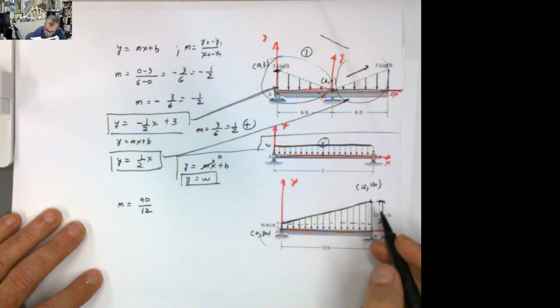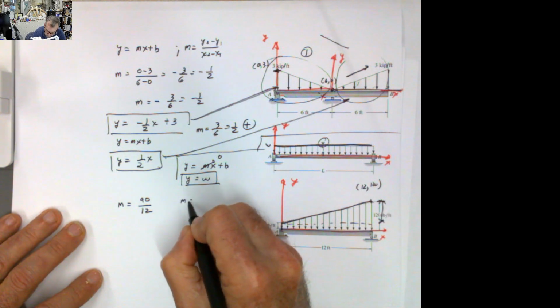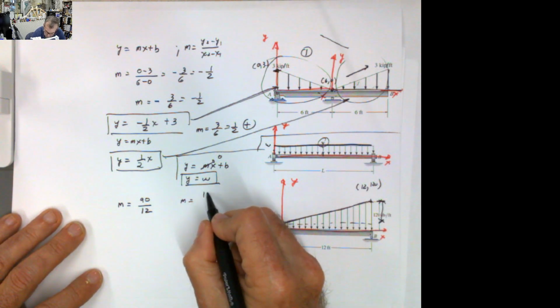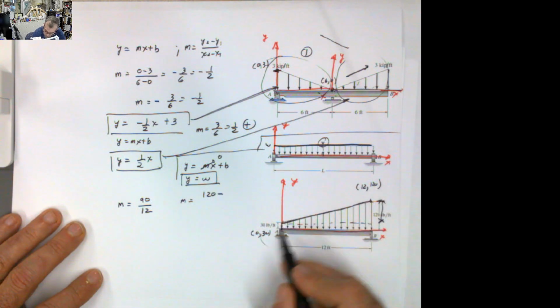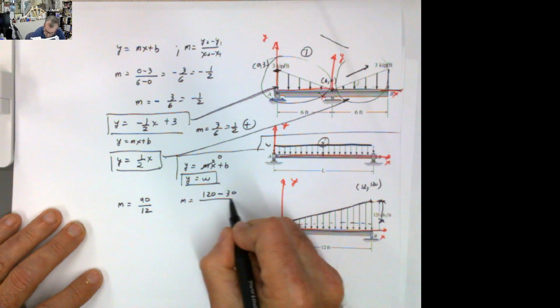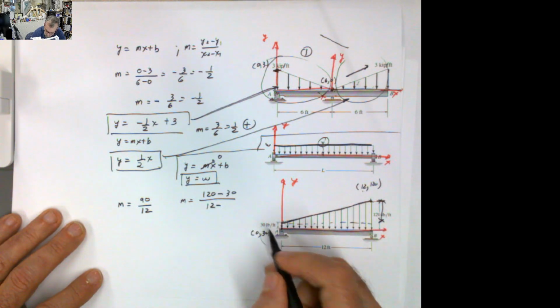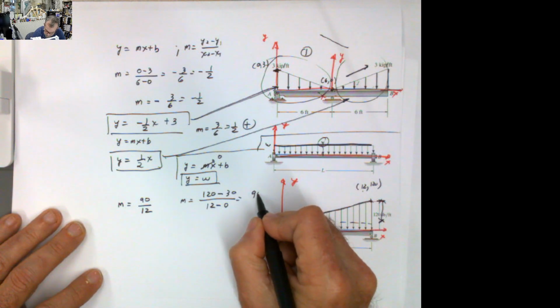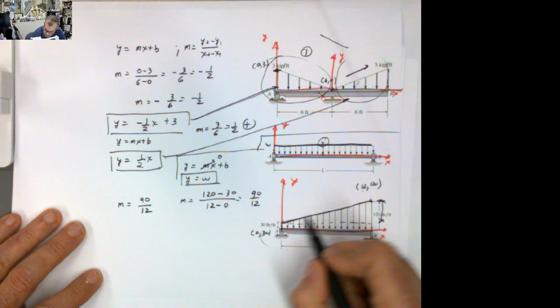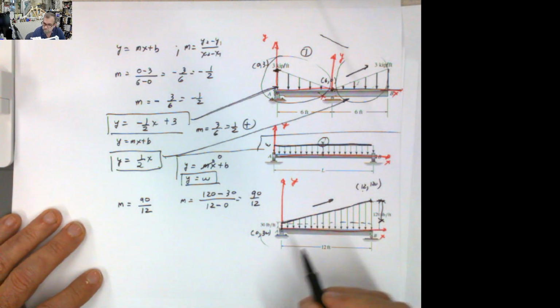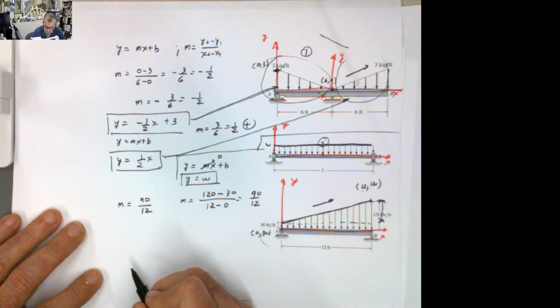If you get too confused with that, use the points. So the slope is y2, 120, minus y1, 30, divided by x2, 12, minus x1, 0, so 90 over 12. And because it's going in this direction, rising, that means that this is going to be a positive slope.